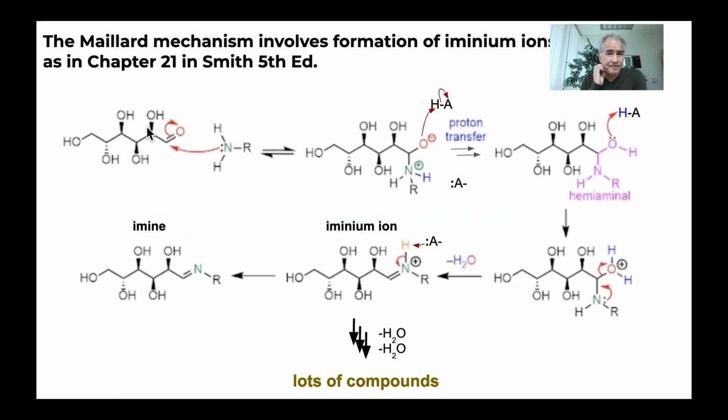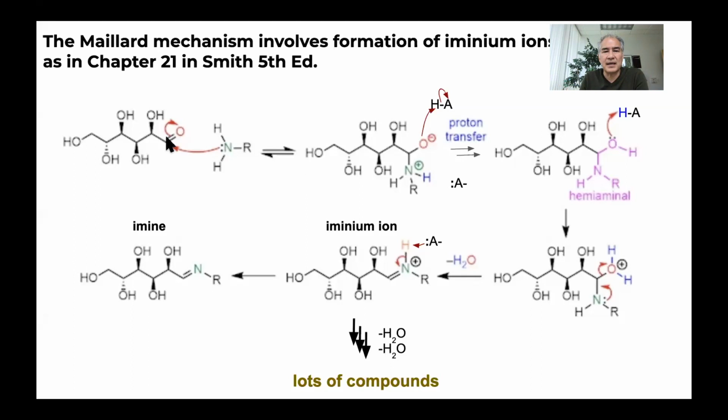What's going on in your frying pan, or in the oil in the French fryer, or when you're baking that bread, is that the amines that are present on the proteins, like gluten in wheat, or proteins like actin and collagen that you might find in meats, react with glucose or derivatives related to glucose. There's an initial attack of the amine on the carbonyl group.